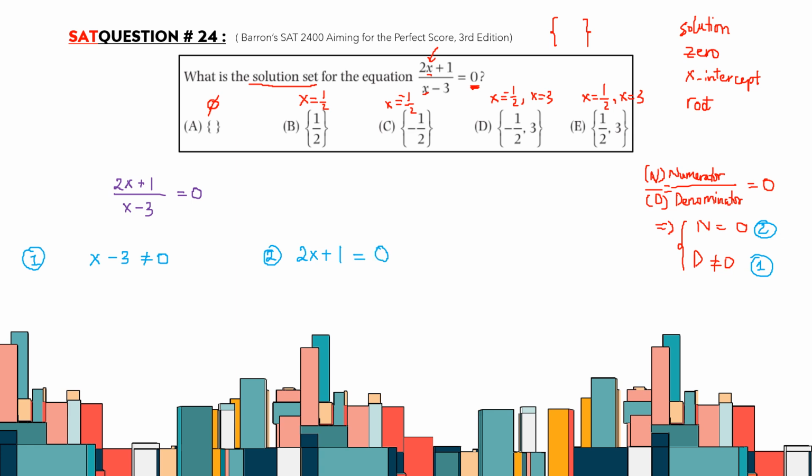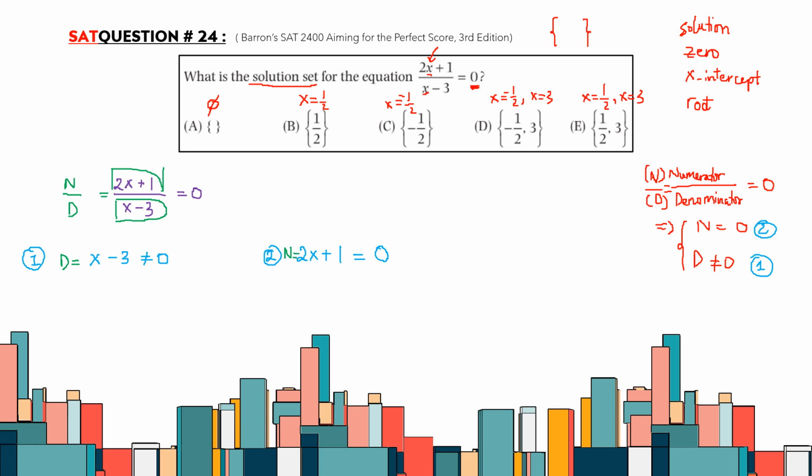So we have the numerator here over the denominator. This is our numerator, and this is our denominator. D is different from 0, and N is equal to 0.